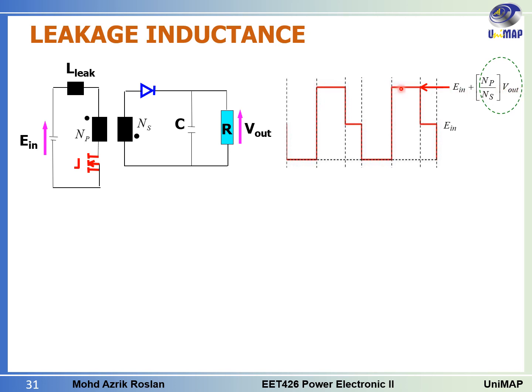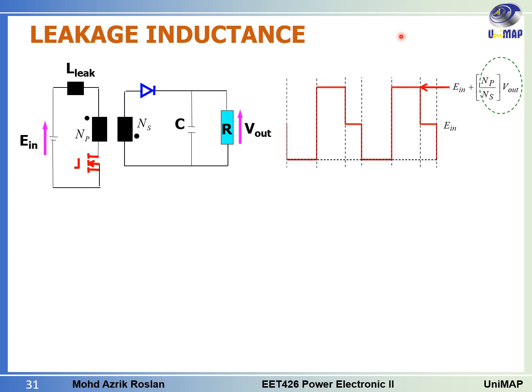So this is the maximum value of the switch, or the rating of the MOSFET that the designer will choose. But due to the non-ideal coupling between the primary and the secondary winding, leakage inductance will occur in the winding.